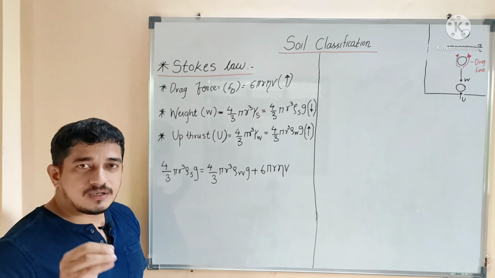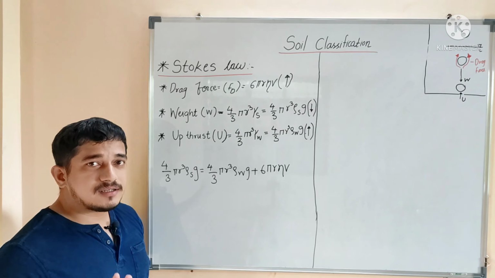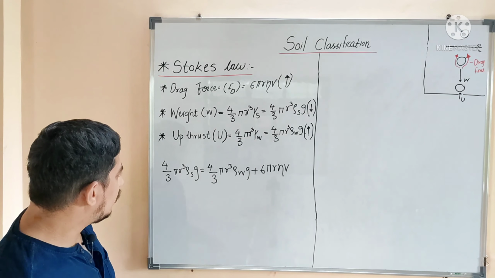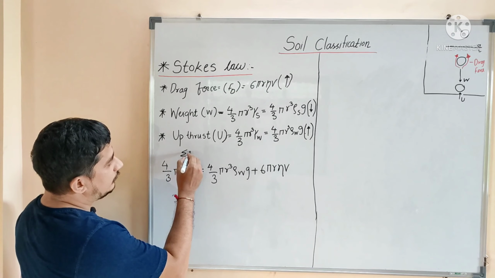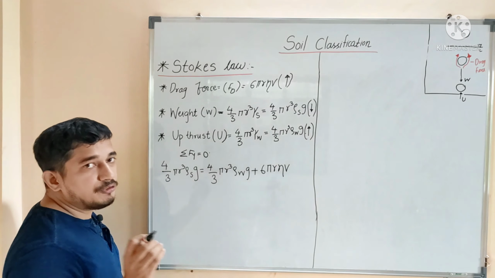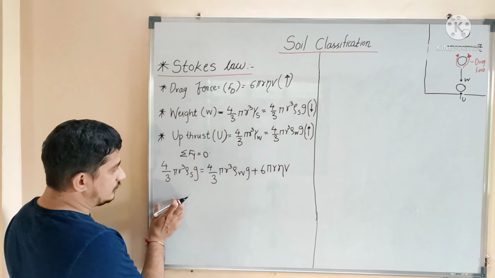Now we will take the sum of all these vertical forces and apply the equilibrium condition, that is, the summation of Fy is equal to 0. Now we want to find out the velocity, so I will take this term to this side.